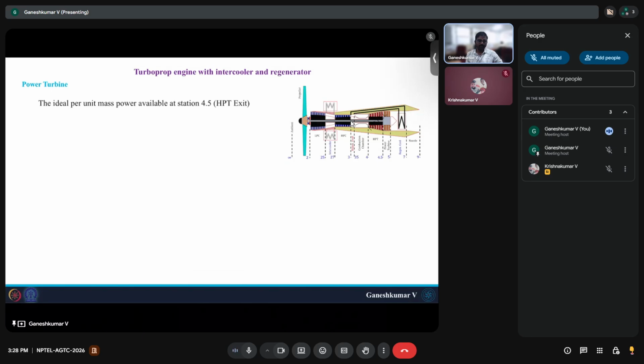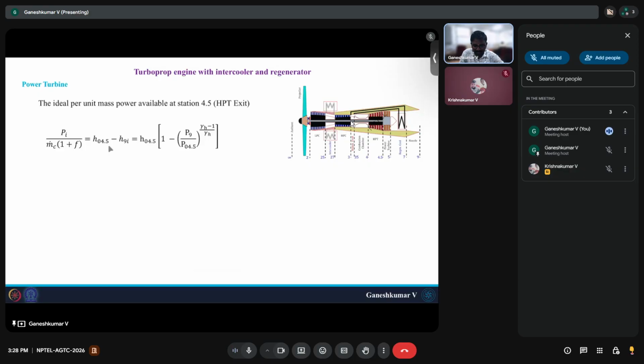So the ideal per unit mass power available at station 4.5, which is the HPT exit, is going to be equal to H04.5 minus H9I. H9I is the exit, so total energy is going to be from H4.5 to H9I.